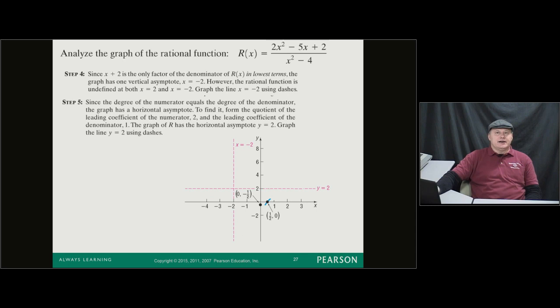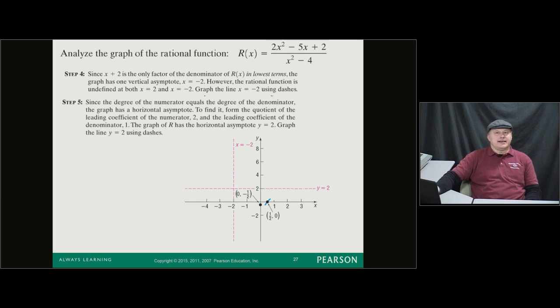We plot those additional intercepts. Notice it's at 1/2 and the one down below it, which is at negative 1/2. Alrighty? So all that verbiage he had on step 3 is basically saying you've got to go through those 2 points together, from one point to another point.